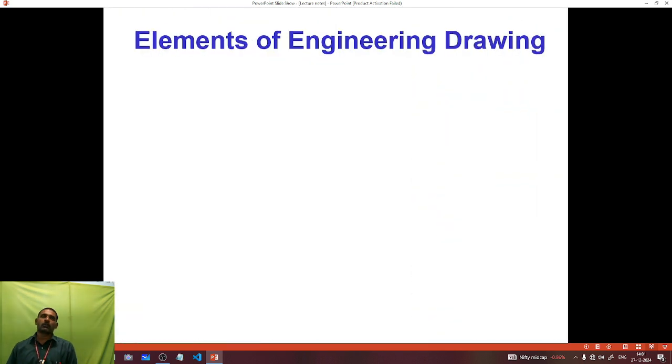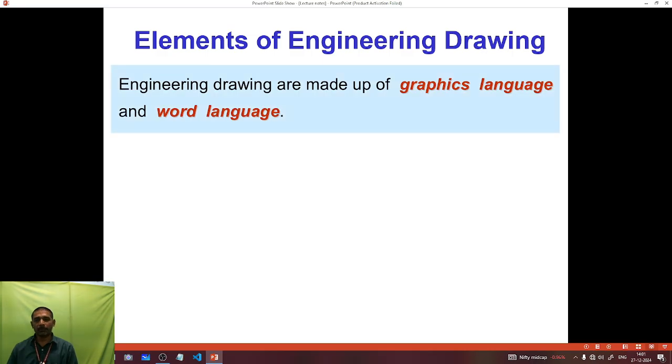Next, the most important thing of engineering drawing: the elements. What does that mean? The main elements followed in engineering drawing. There are two basic elements. The first one is graphic language and the second one is word language. What is graphic language and what is word language?